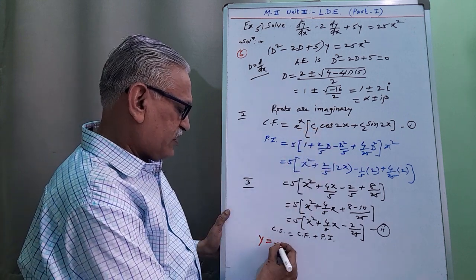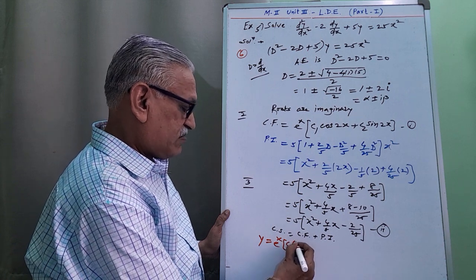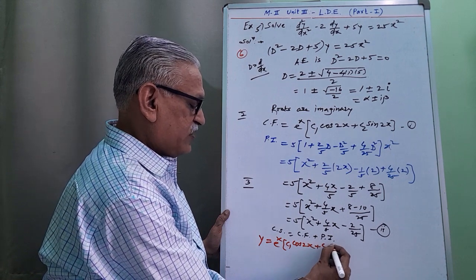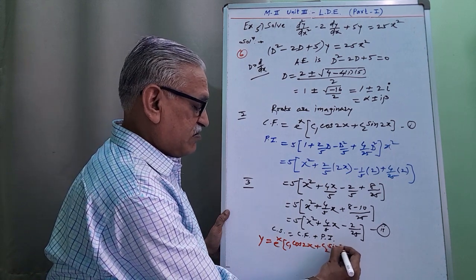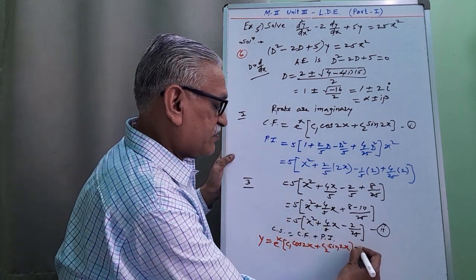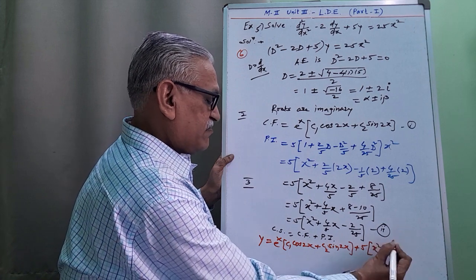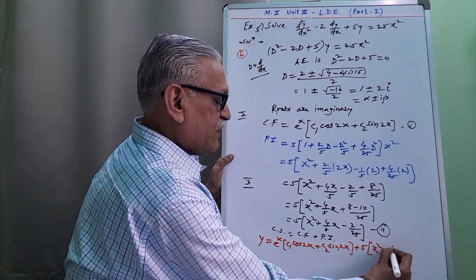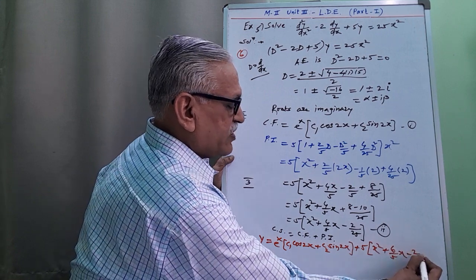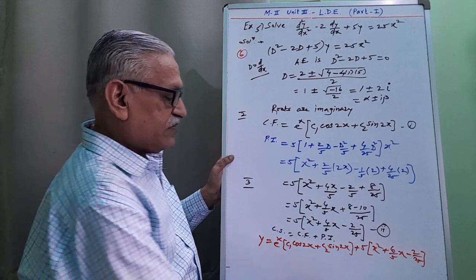CF is e raised to x, C1 cos of 2x plus C2 sin of 2x, and plus 5 times x square plus 4 by 5x and minus 2 by 25, as the required answer.